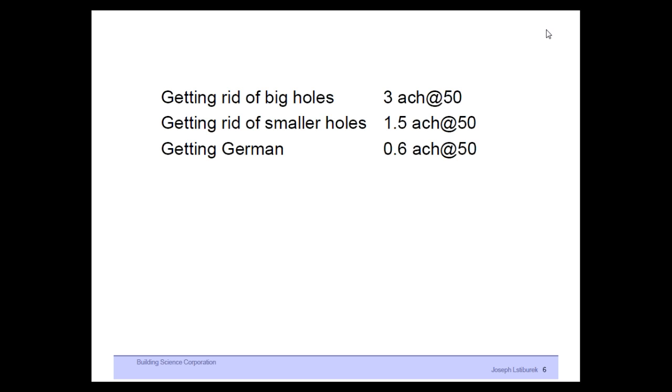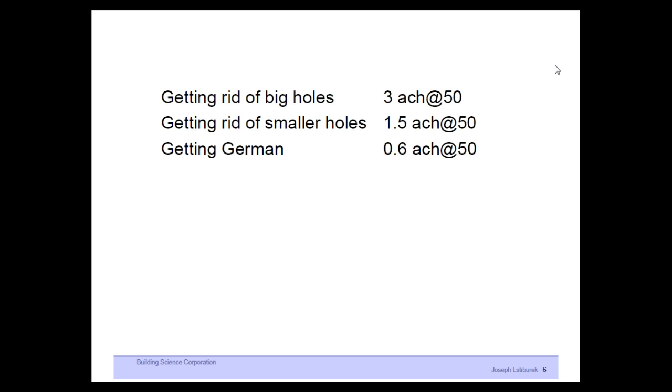To put this into perspective, 3 ACH is getting rid of big holes. 1.5 ACH is very difficult, but it means getting rid of small holes, and the 0.6 is unbelievably difficult to achieve, and it's the German passive house number.